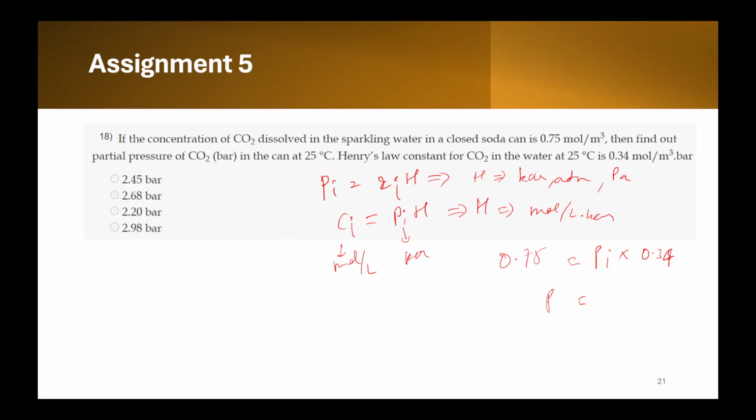So if you solve this, you can get your Pi. So this comes out to be 2.20 bar. You see the units are consistent. This is mole per meter cube. This is mole per meter cube bar. So if this goes in the denominator, bar comes up. So the unit becomes consistent as bar. So the correct answer is 2.2 bar.